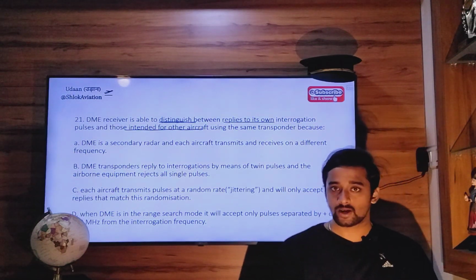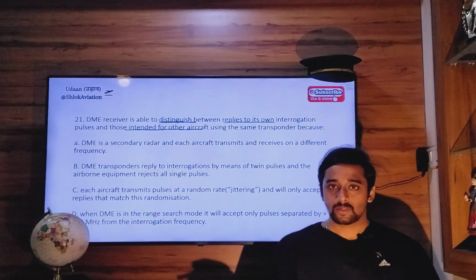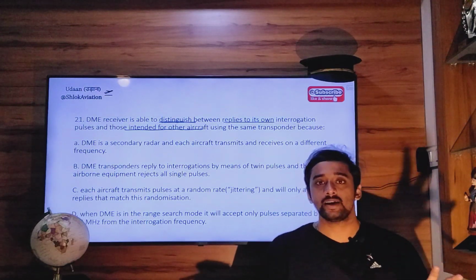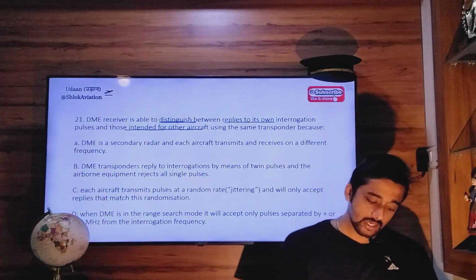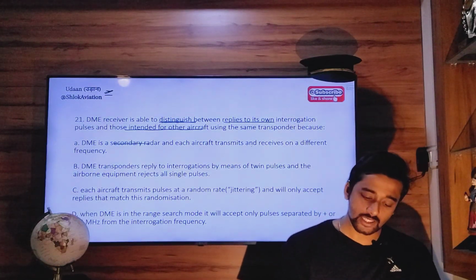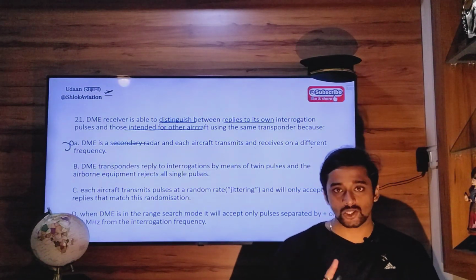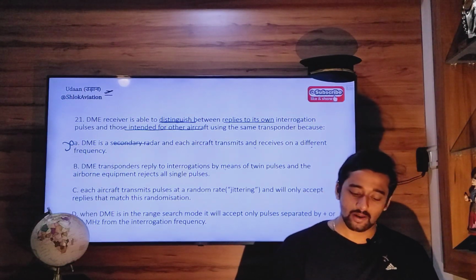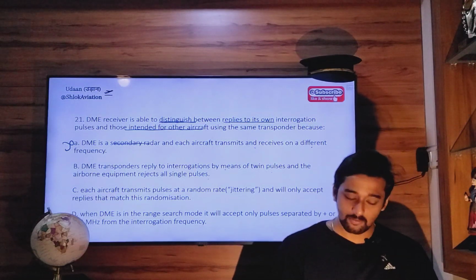Last, the DME receiver is able to distinguish between replies to its own interrogation and those intended for other aircraft. Again, a similar question. Many times they have asked this because the reply pulses of one aircraft will be unique or different from reply pulses of another aircraft. DME is a secondary radar and each aircraft transmits and receives on a different frequency. Statement is right, but this is not the answer. DME transponders reply to interrogations by means of twin pulses, and airborne equipment rejects all single pulses.